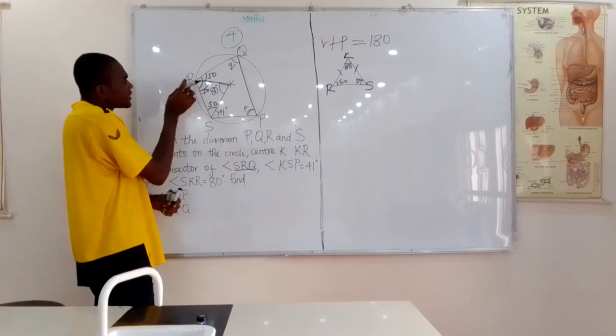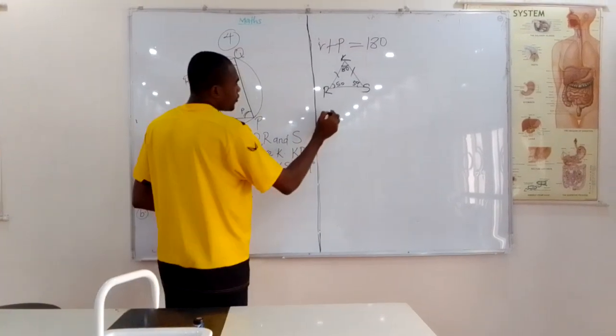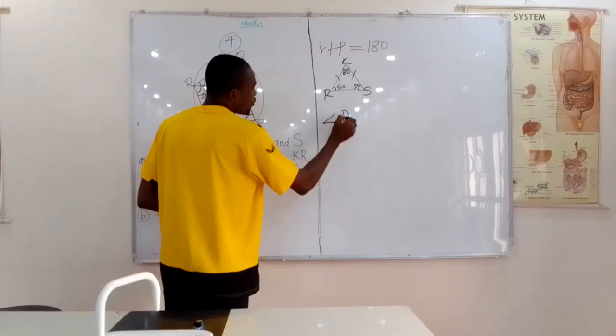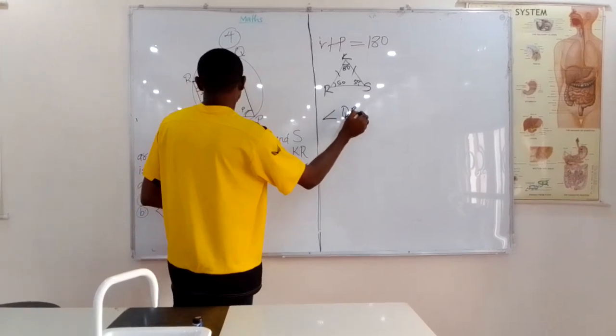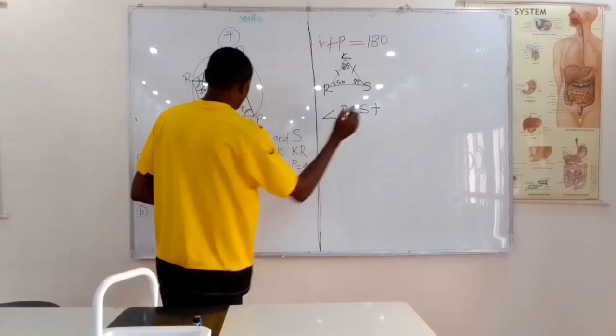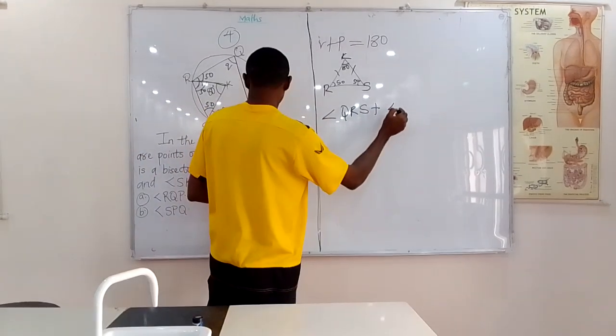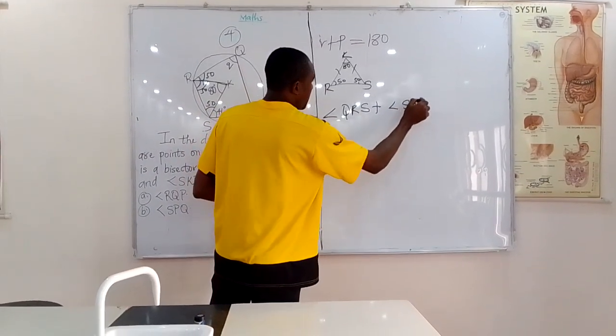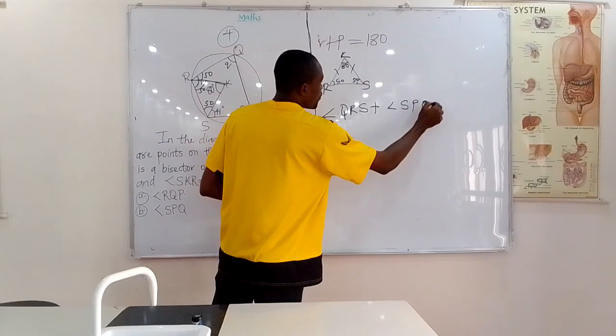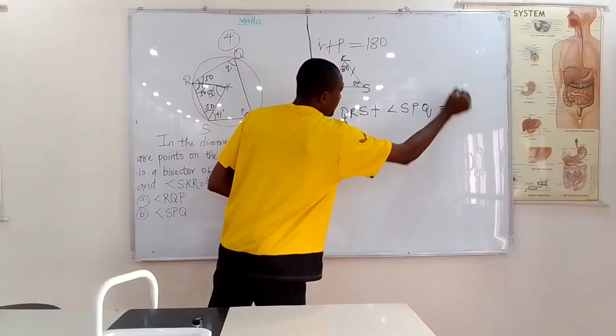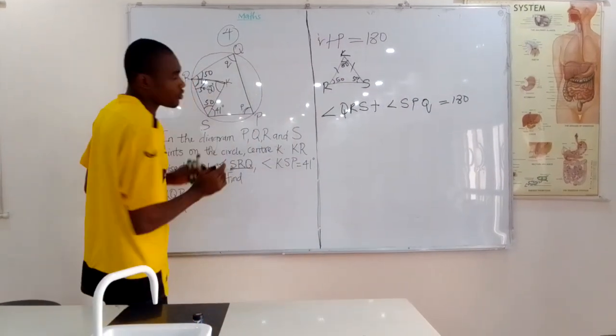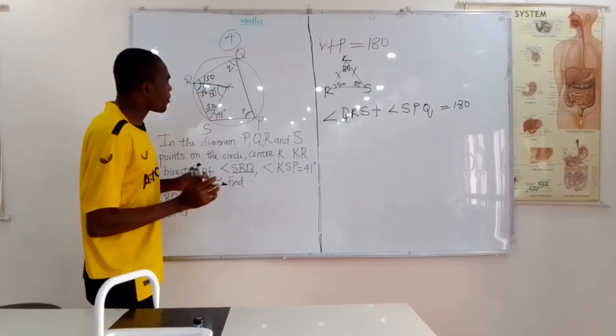It means that angle QRS plus angle SPQ should be equal to 180.